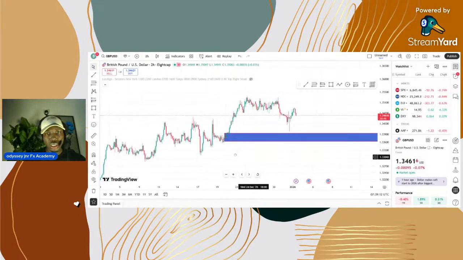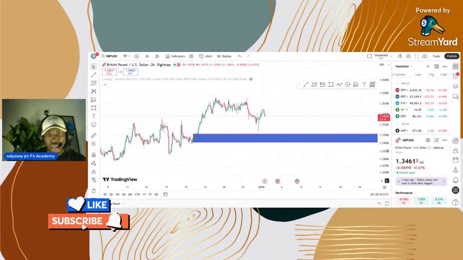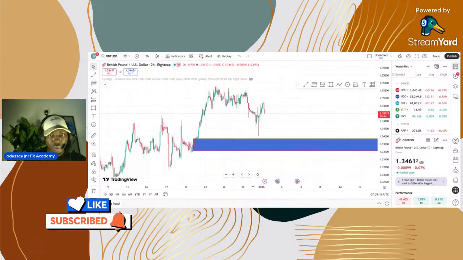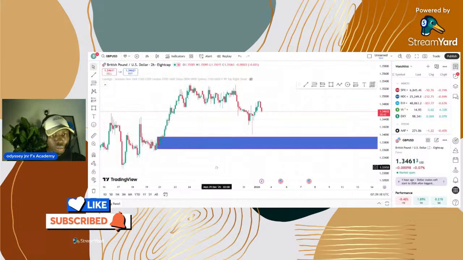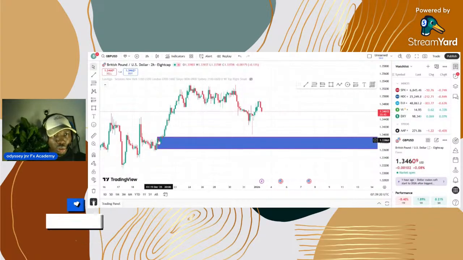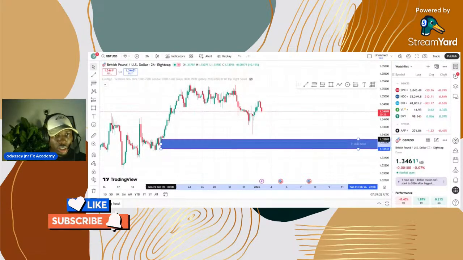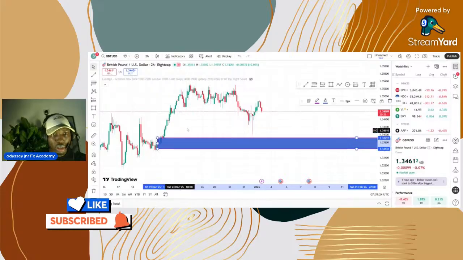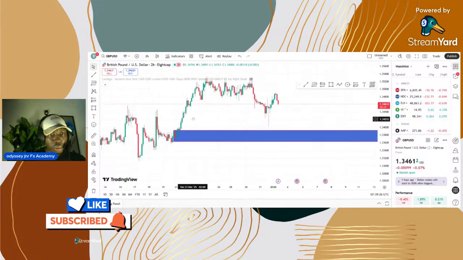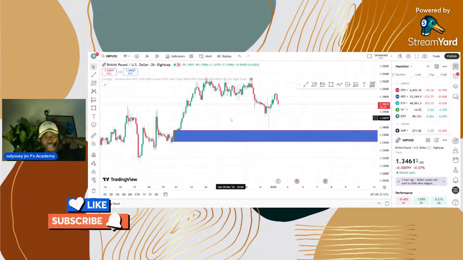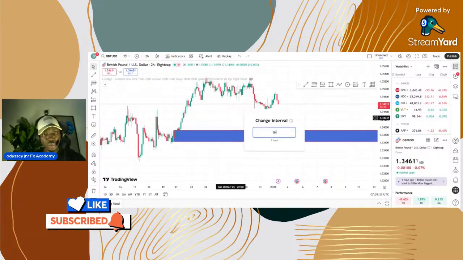And this order block also is still valid. That is amazing. And we can see the fair value gap here. So let's go to the 1 hour time frame.